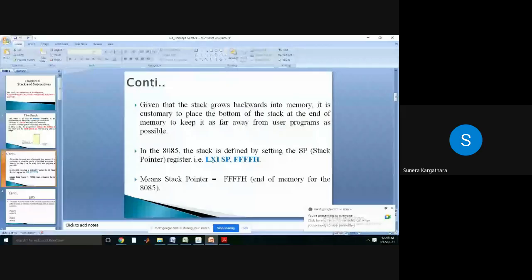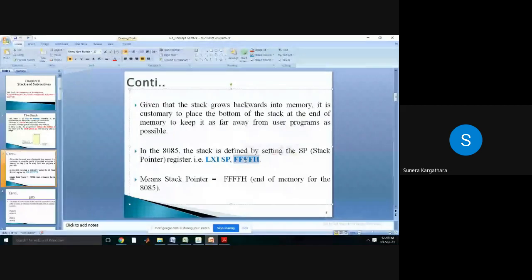Here, instead of a register pair, we have a memory pointer pointing to the top of the stack. The stack pointer is again a 16-bit register. Whatever immediate data you mention here will be loaded into the stack pointer. Now your stack will start from this location.